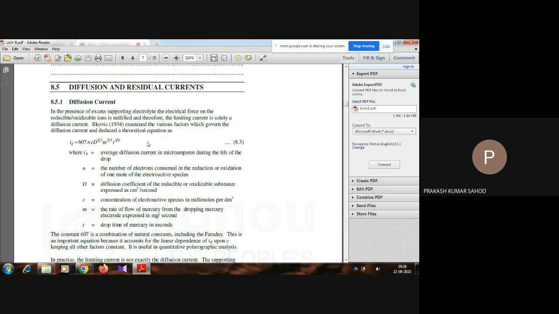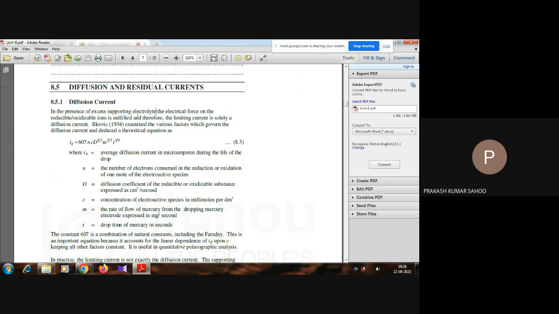So in 1934, Ilkovic introduced a theoretical equation, that is ID equal to 607 n C D to the power half m to the power 2 by 3 t to the power 1 by 6.